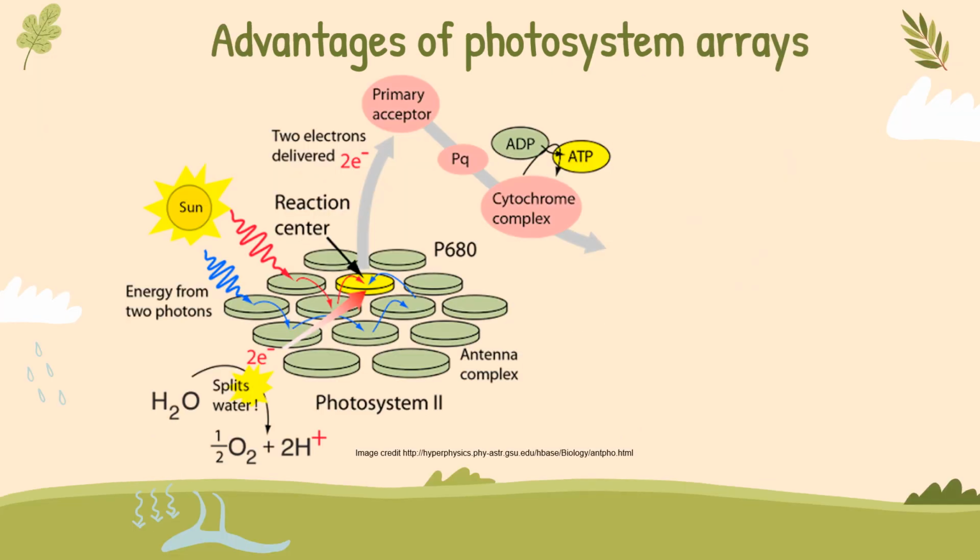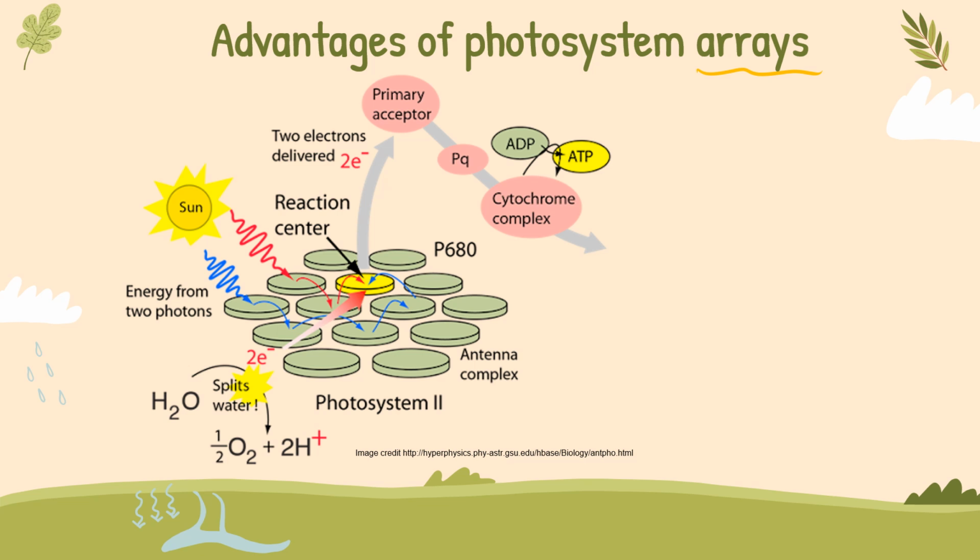This benefit of having pigments that can absorb different wavelengths of light is related to photosystem structures as arrays. Arrays are just systems of many components that are arranged just so that they can work together to carry out a job very efficiently.